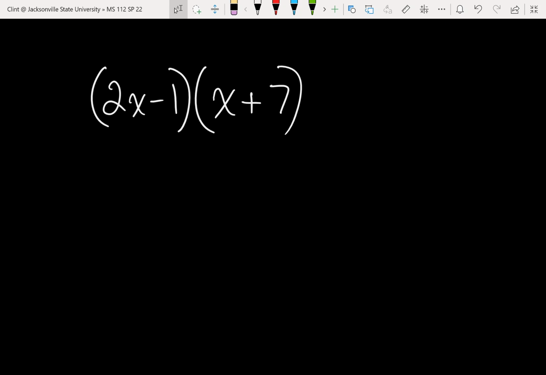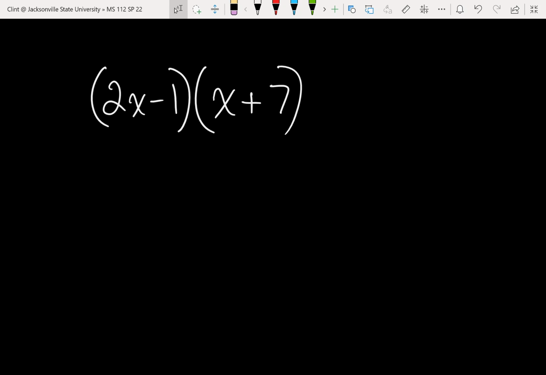So we give this situation its own little nickname. You may remember what we used to multiply something like this out, the reverse of factoring. Do you remember what method?